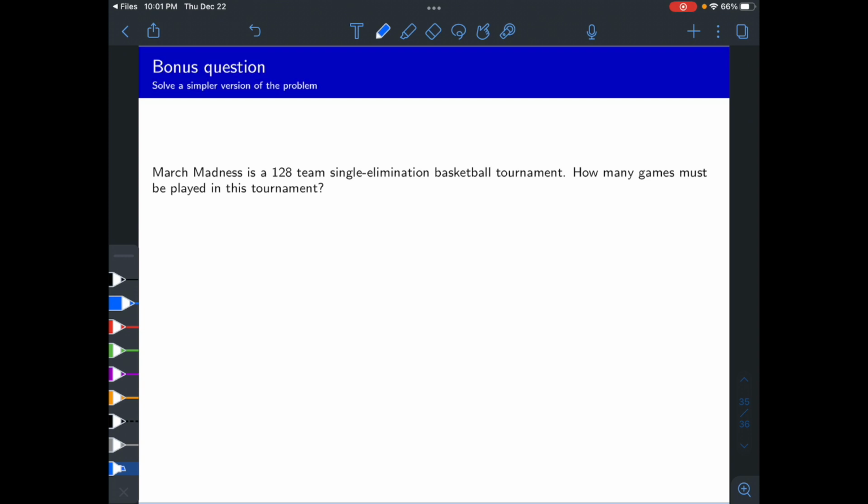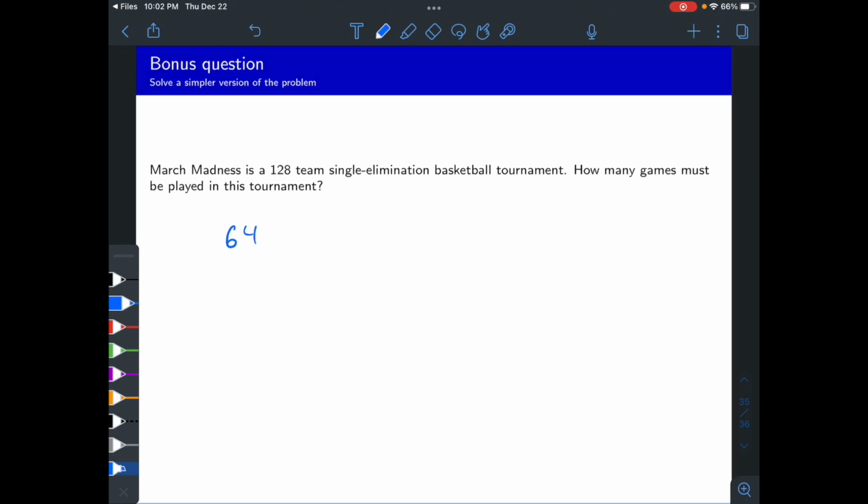Okay, so most people's initial thought for how to solve this problem would be to do it by round. So in the first round, you do 64 games, just splitting this in half. And then that cuts down the number of teams in half. So now you have 64 teams after those 64 games.